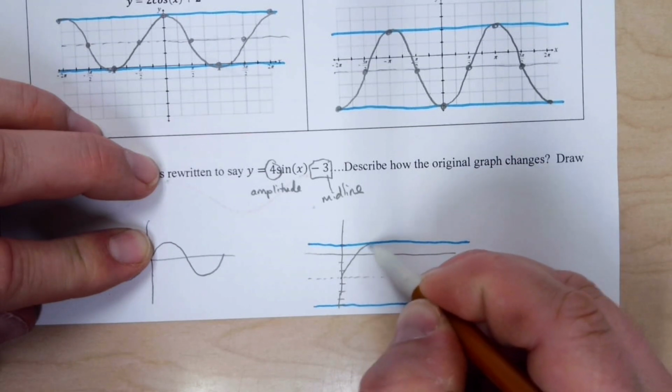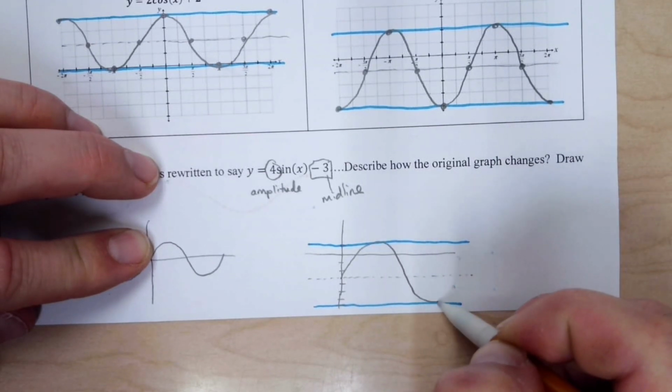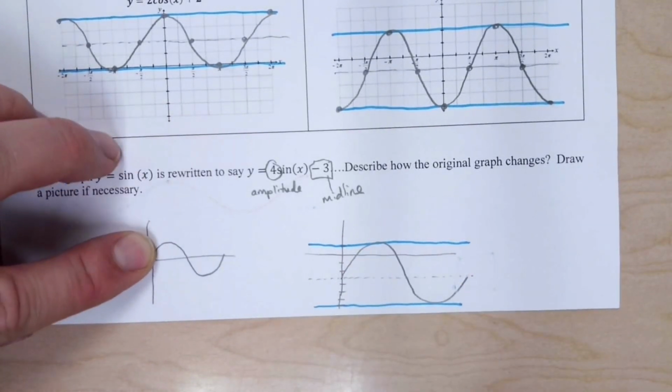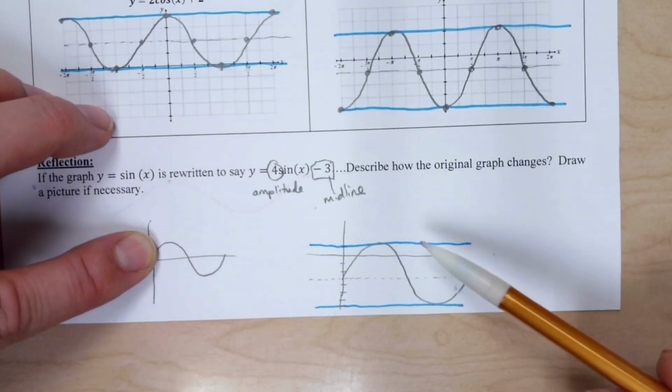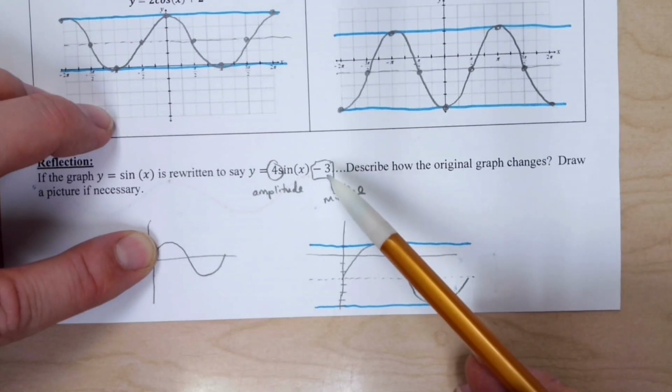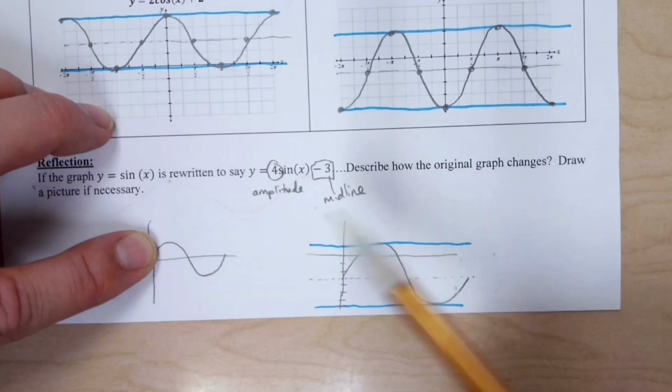So they go up, come down, and come back. And then going backwards is the same thing. So you can see the shift here. How would you describe that with words? You would say the midline would be down 3, and the height of the waves would change to 4.